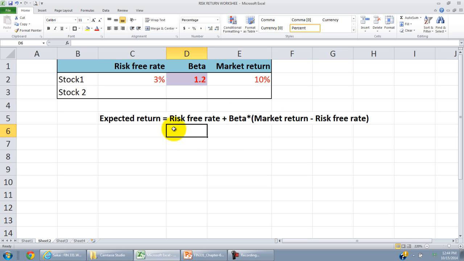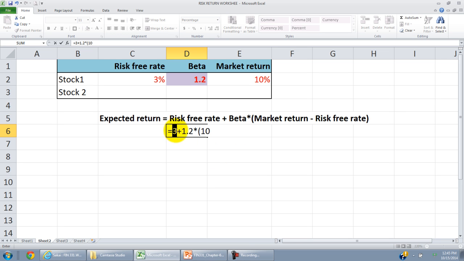Okay, so now let's put things into work. So now risk-free rate is 3%. Like in the previous problem, you can put it 3% here, or you can put it 3. But keep in mind that if you put 3, it means everything in percent. Okay, 3 plus beta of 1.2 multiplied by market return of 10.